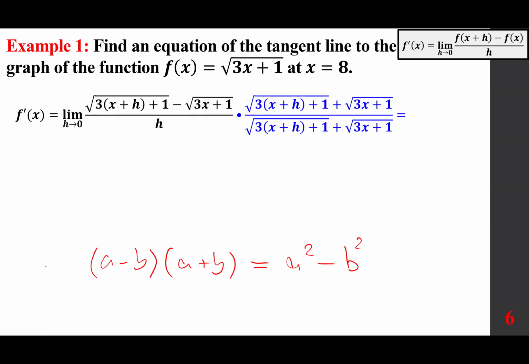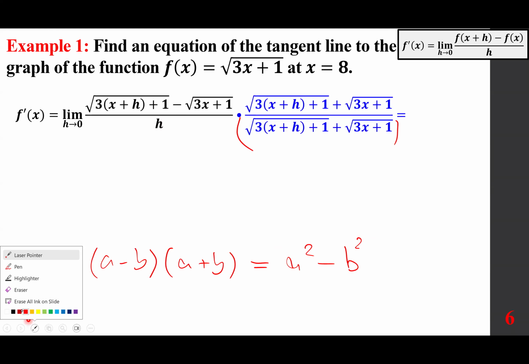First and foremost, what happens to the denominator? Absolutely nothing. You keep it as a product. Why? When h approaches 0, it is the 0 in the denominator that we should get rid of. That is the problem. Now, if you multiply the top, you follow a squared minus b squared.